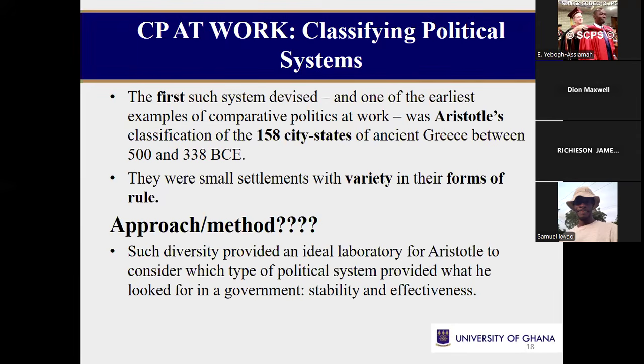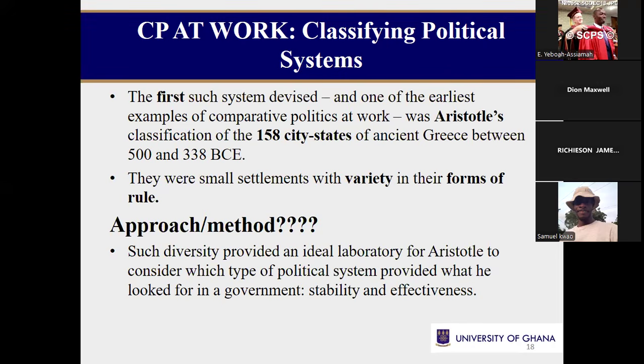So he was looking for stability and effectiveness in government. He wanted to know which form of rule would make a government more stable over time, and which form of rule would make a government more effective. Are you with me?